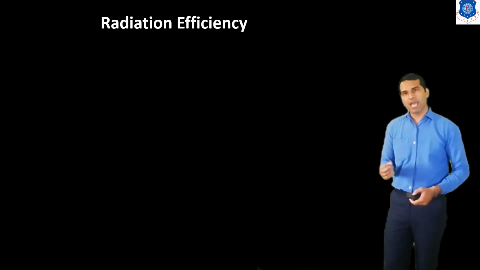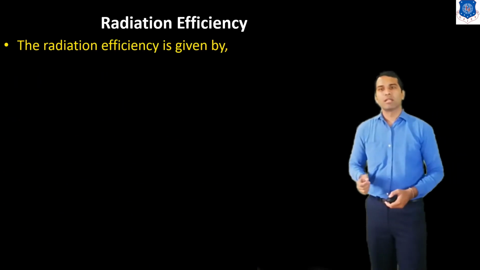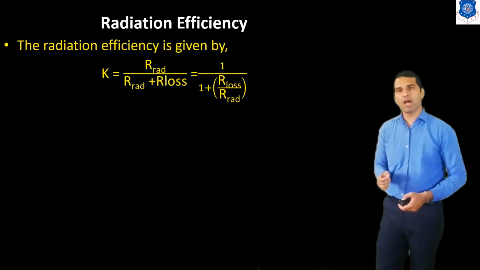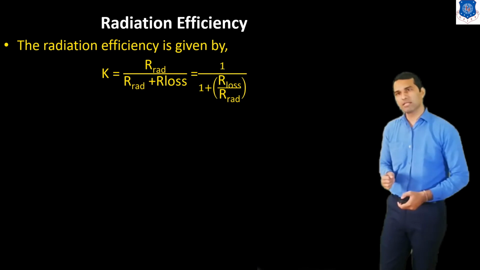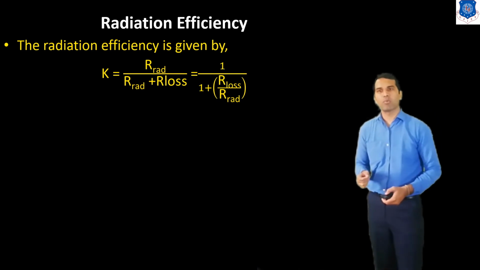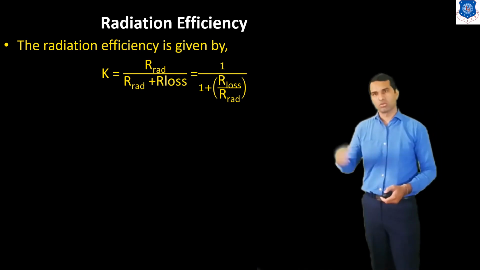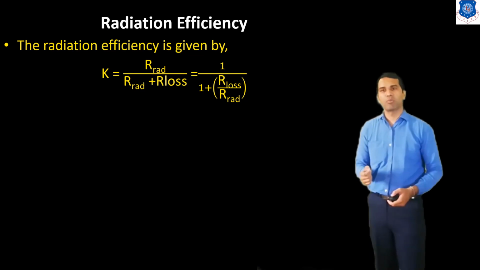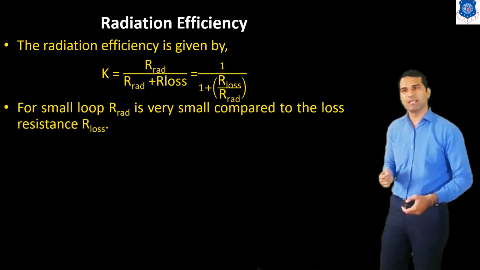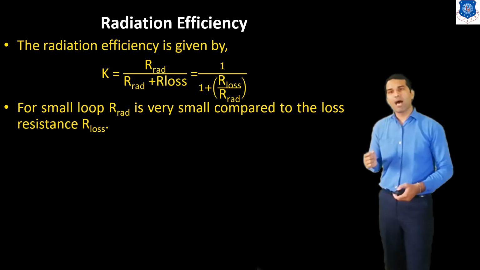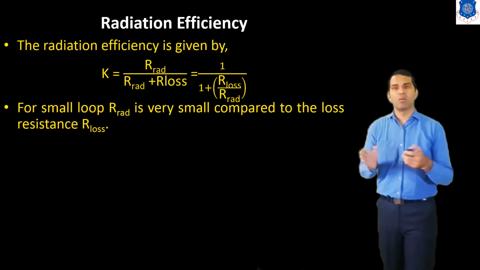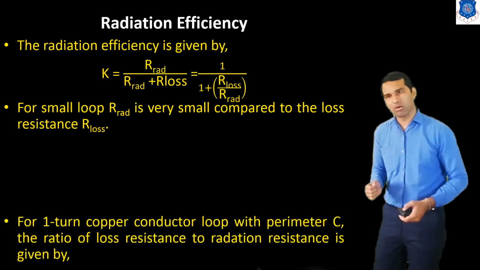Now radiation efficiency. We know that the radiation efficiency is equal to R radiate upon R radiate plus R loss. So we can also write this equation as 1 upon 1 plus R loss upon R radiate. For the small loop, R radiate is very small compared to the loss resistance R loss.